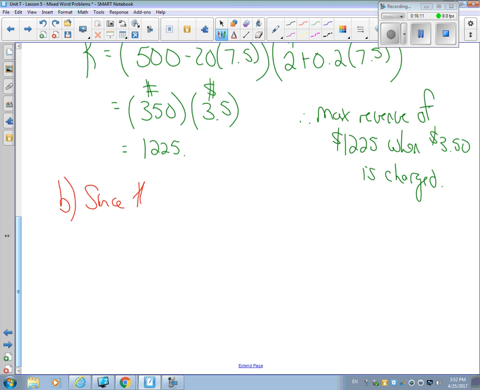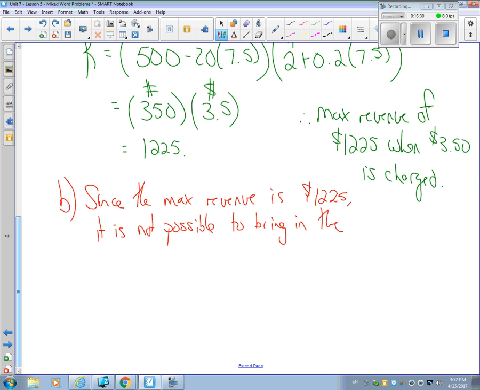Since the max revenue is $12.25, it is not possible to bring in the $12.50 required to break even. They can't even break even. They're losing money no matter what.